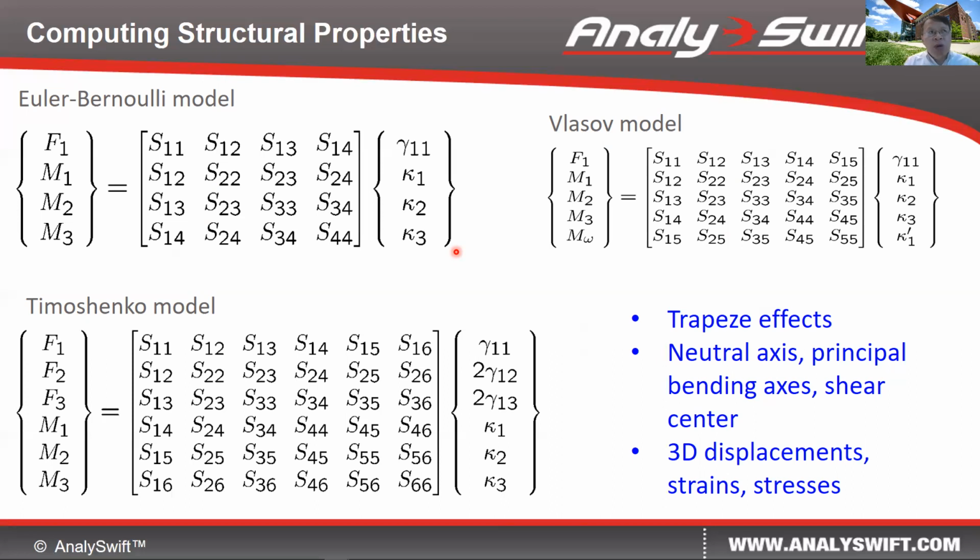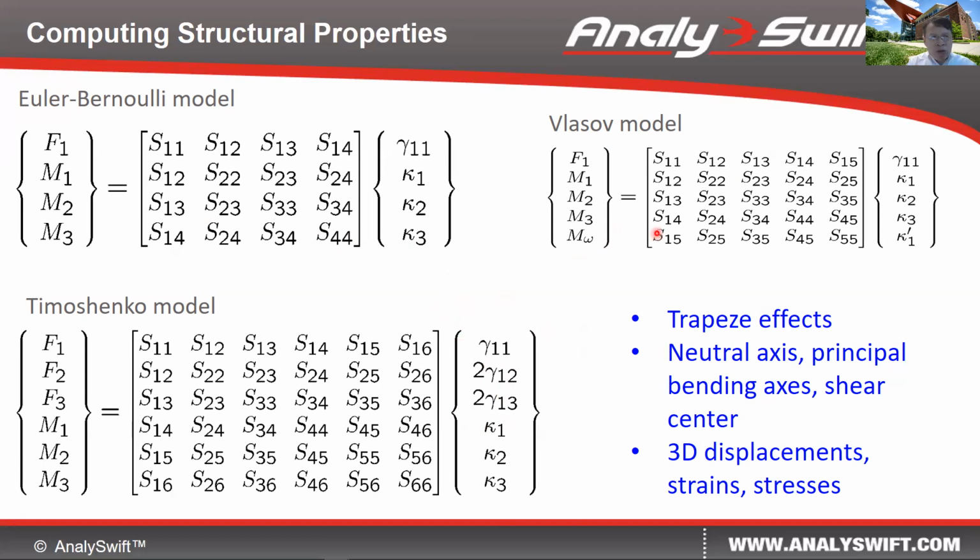The Euler-Bernoulli beam model is applicable for very long beams and is described by four fundamental deformation modes, including extension, twist, and two bendings. The Timoshenko model additionally has two transverse shears, which is applicable to not so long beams, so the aspect ratio could be slightly smaller than for the Euler-Bernoulli beam model.